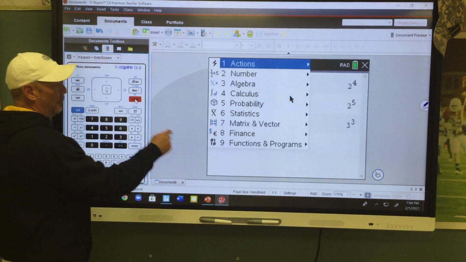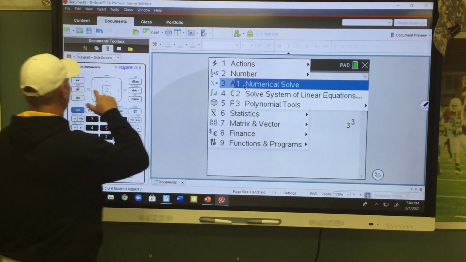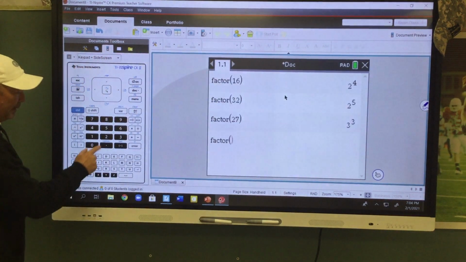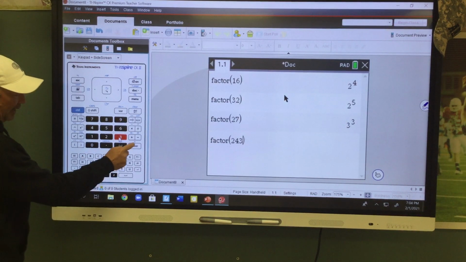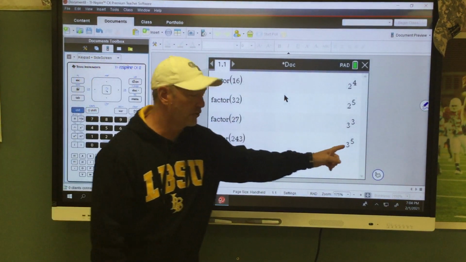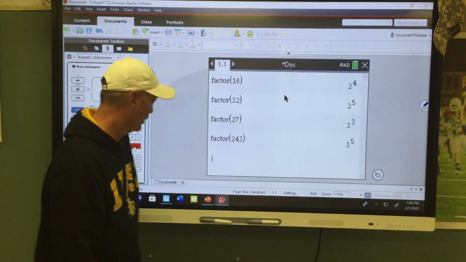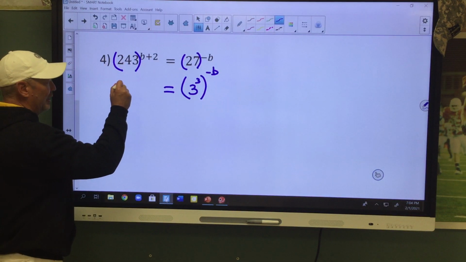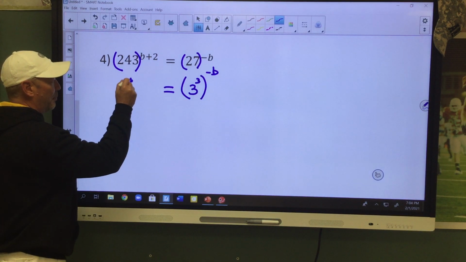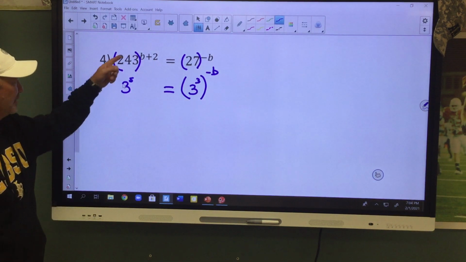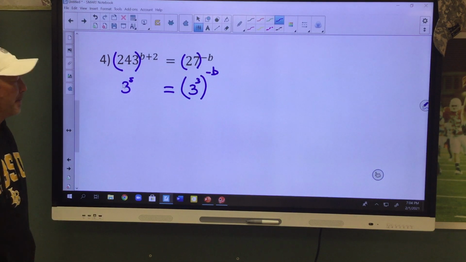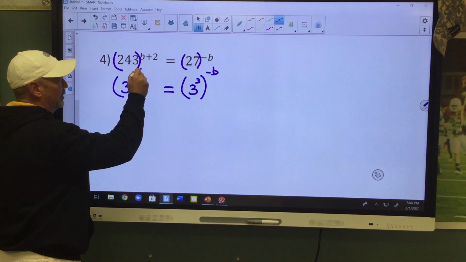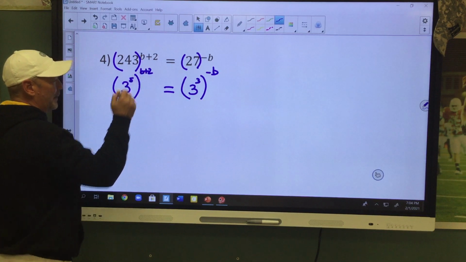So we're going to go menu, number, factor, 243, and I hit enter, and it turns out that it's 3 to the 5th power. So back to the worksheet, 243 is 3 to the 5th power. That's the equivalent of 243. So I take my 243 and I have to raise it to the b plus 2.